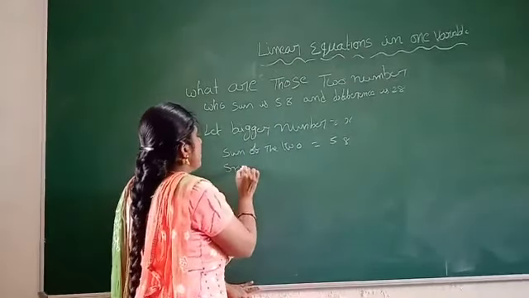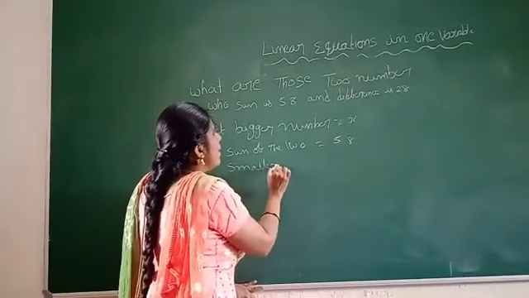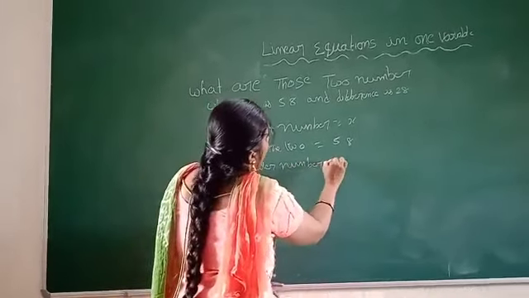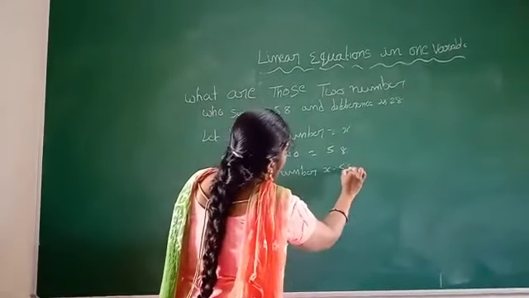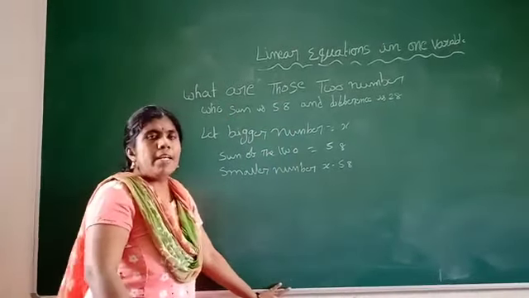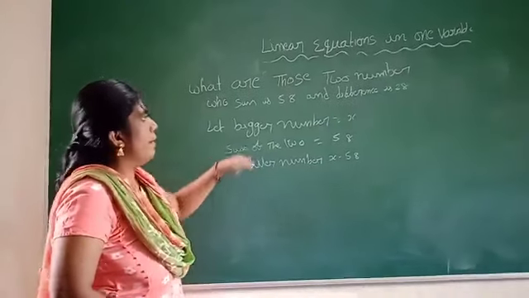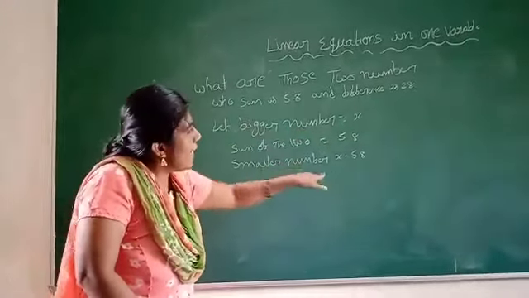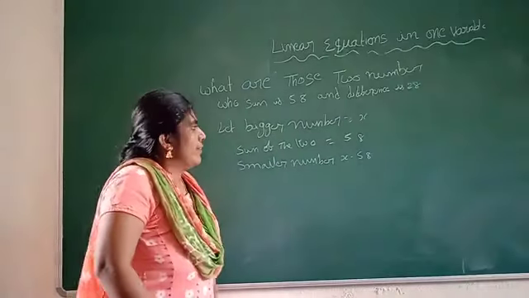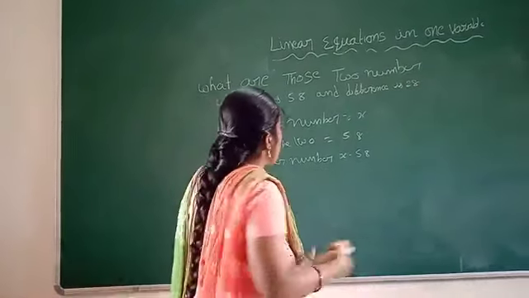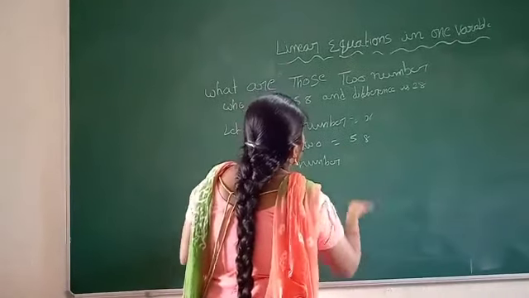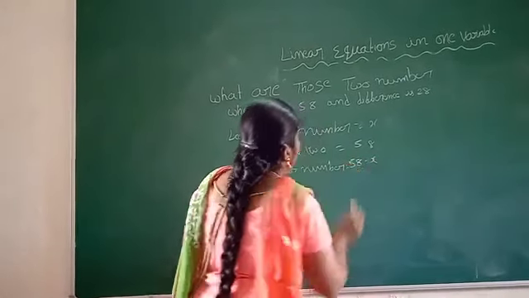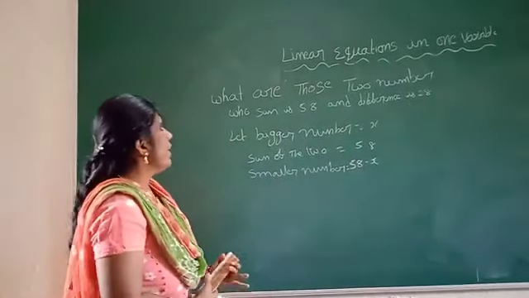Next, the smaller number is 58 minus x. The bigger number is x, and the smaller number is 58 minus x.